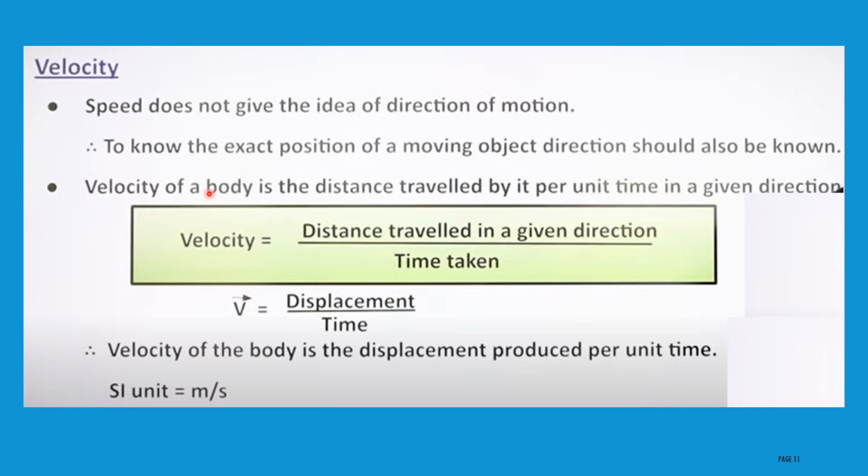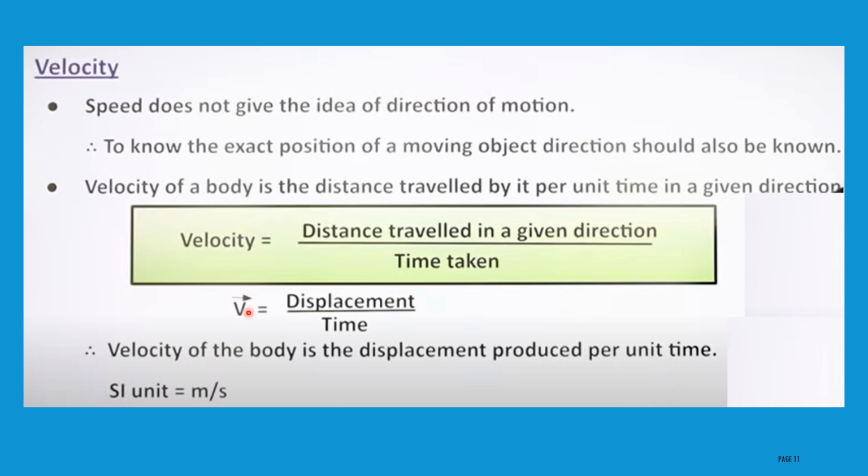Therefore, velocity of a body is the distance traveled by it per unit time in a given direction. If an object covers a certain distance in a given direction per unit time, we call it velocity.